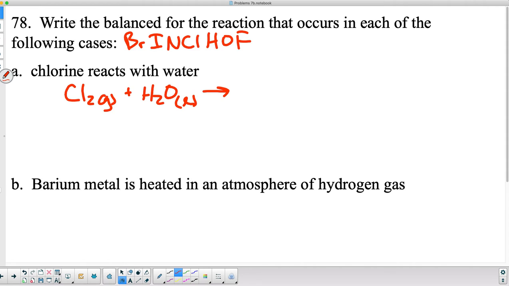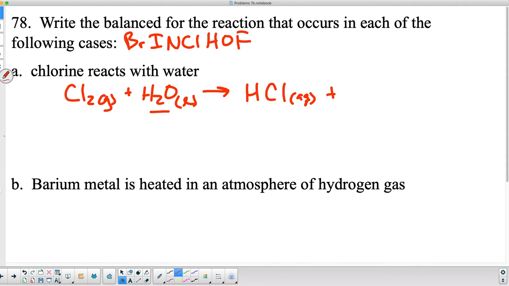So what happens on the other side? So here's what happens. Obviously the H2O breaks up. One of the H plus goes with the Cl to give us a very common hydrochloric acid. Of course, that's dissolved in water because water is present there.